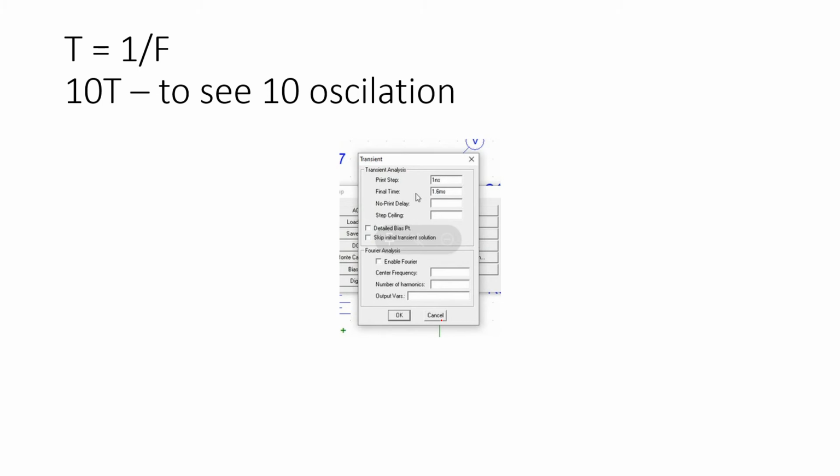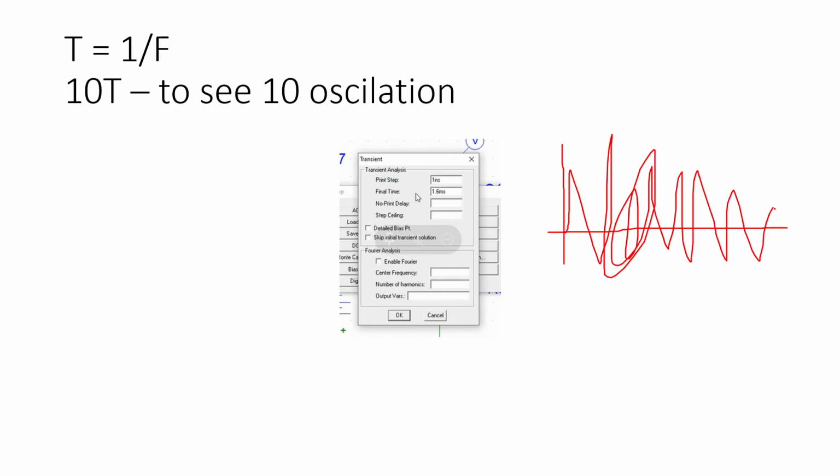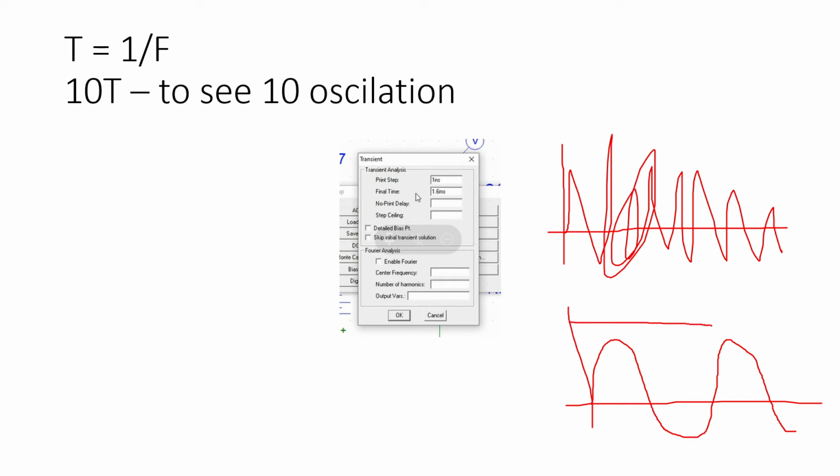And then to ensure that you will see a signal that can be measured, not very small like this, but rather something that is readable like this, you have to make sure that the time is very short.